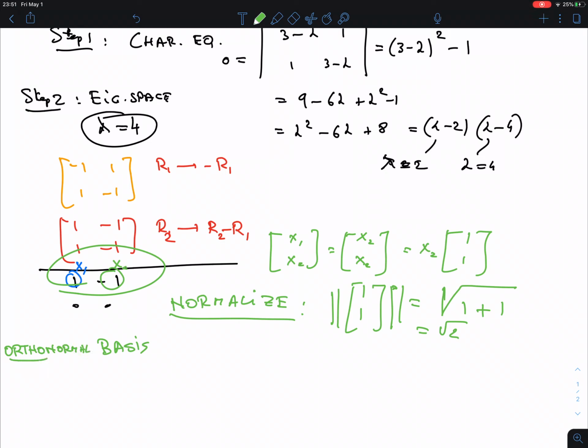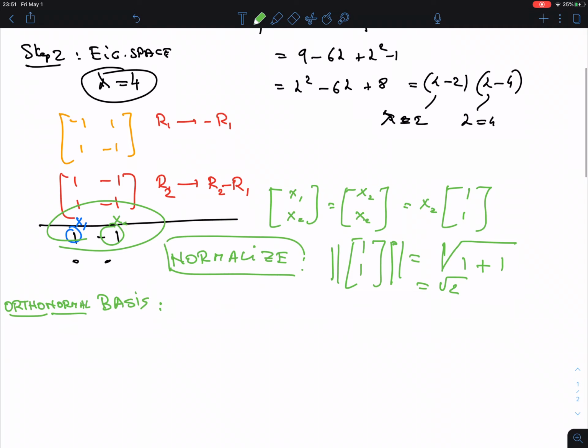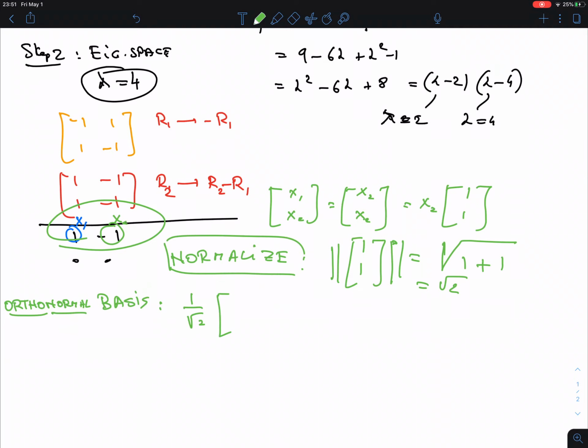You see the ortho refers to the fact that at the end we will have an orthogonal matrix, that the different columns are orthogonal, and the normal refers to this process we just did. Okay, so the orthonormal basis is 1 over radical 2 times 1, 1. Now we're going to have to put this in the matrix, so sometimes we just write it that way. And never rationalize, there's no need to do that.